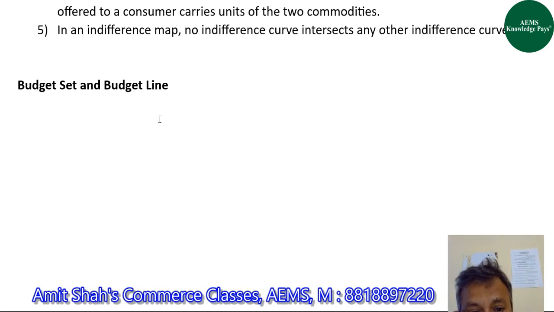I repeat, a budget set has different baskets where each basket contains different units of the two commodities which a consumer wants to buy and for which he has a fixed budget. Now, the baskets are such that each basket takes the whole budget of the consumer. Right? Let's first understand this with an example.